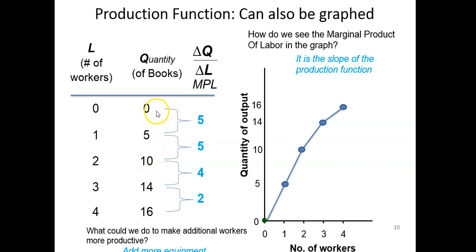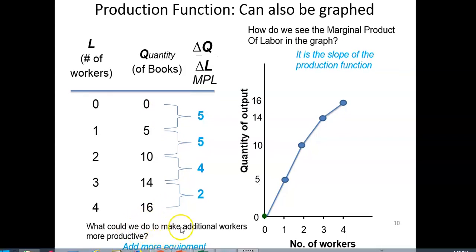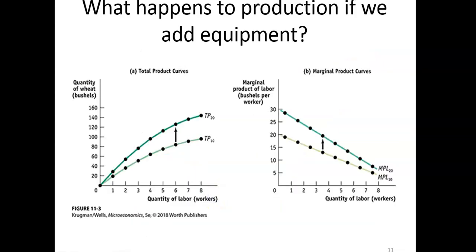We can increase the amount that each additional worker is helping us produce and let us add even more and more extra workers. We can add equipment. And that's basically all this is showing. At this point, don't worry so much about the marginal product curve on the left, but just recognize this idea. So this is basically just saying, hey, we're adding equipment, and that's how we can shift the production function. We can get more productive with more equipment.